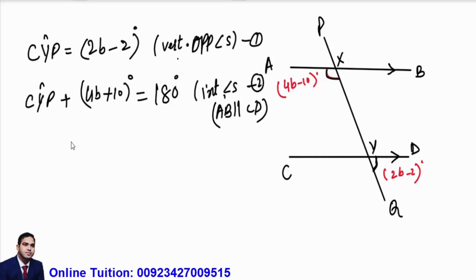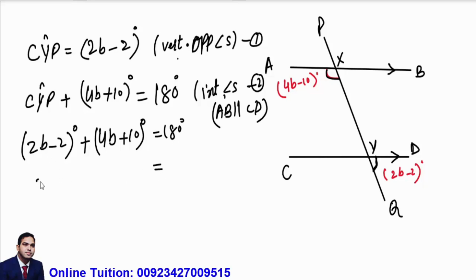Now you can easily put the value of this CYP. This is 2B negative 2 degree plus 4B plus 10 degree is equal to 180 degree. Now this is 2B negative 2 plus 4B plus 10.